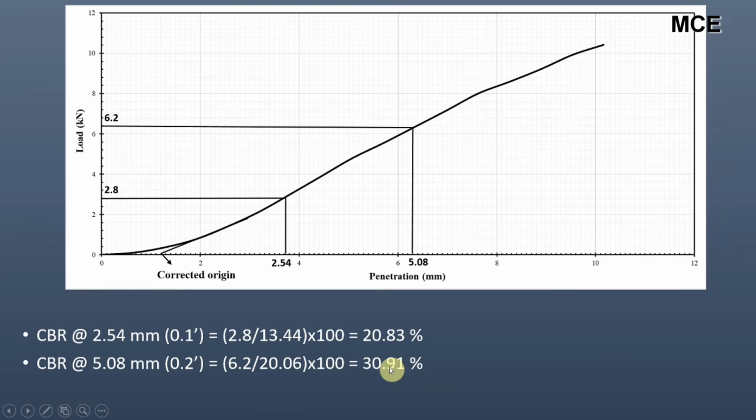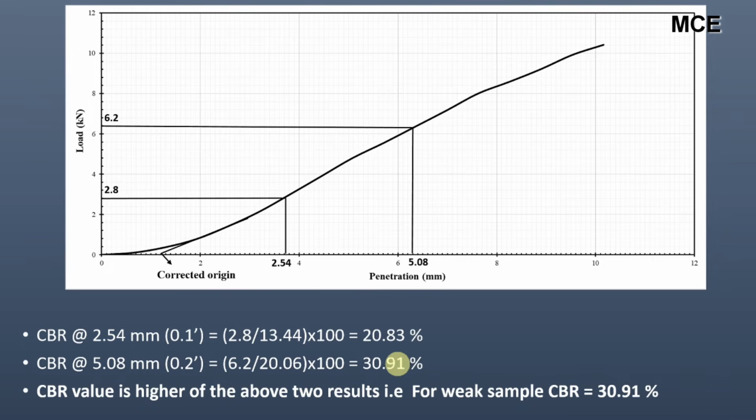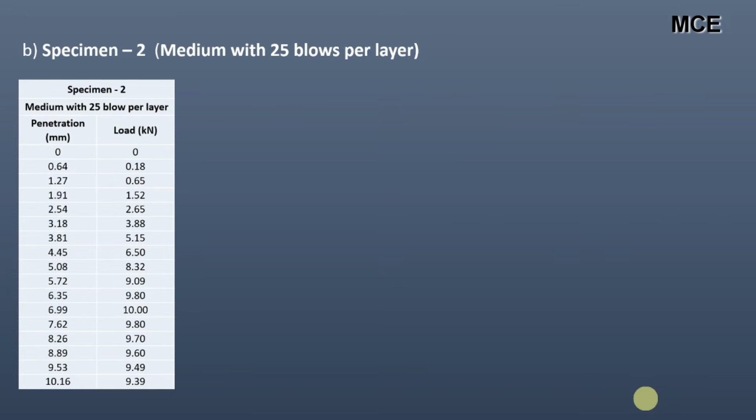Usually the CBR value at 2.54 mm penetration is higher than the CBR value at 5.08 mm penetration, but in our case the CBR value at 5.08 mm penetration is higher, so we will take this value as the CBR value of this soil, that is, the CBR value for the weak sample is equal to 30.91%.